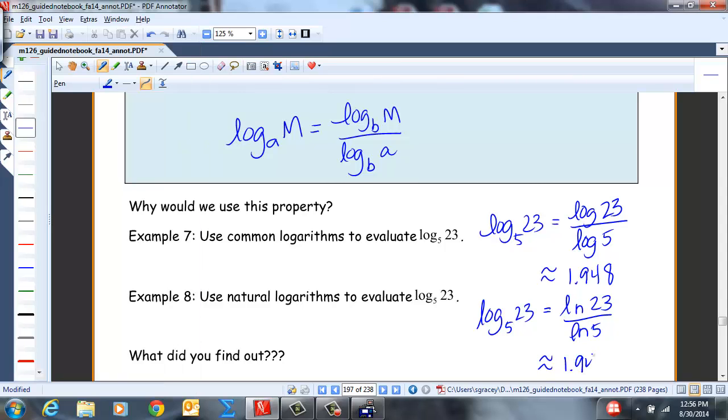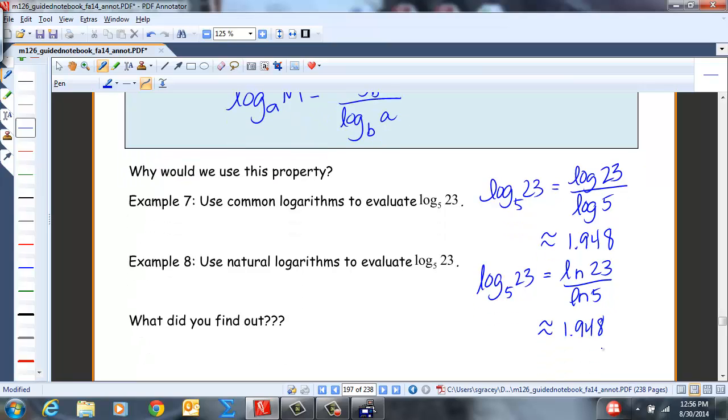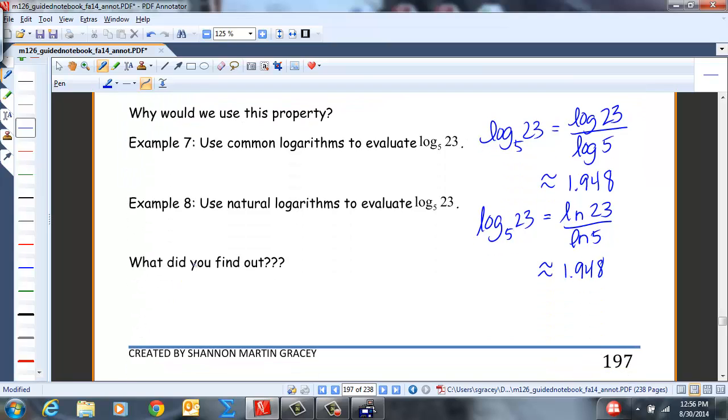What did you find out? They're the same. You get the same answer.